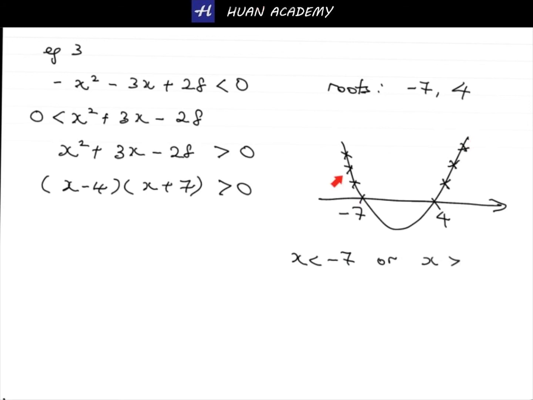All these points are the ones with y positive, above the x-axis. So the final answer is x smaller than -7 or x greater than 4. Take notes here, don't write n. Instead, write or. Okay, I hope you are clear about these 3 examples.